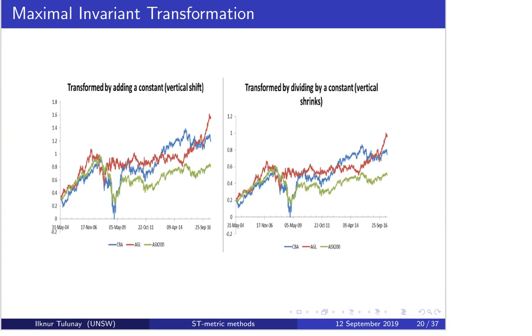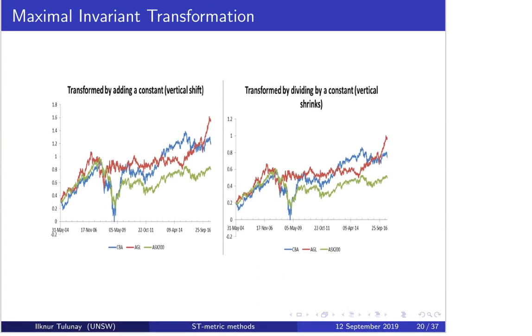Okay, what is this transformation? First, I can transform by adding a constant. So have your return data series, add the minimum to the data, then everything will shift up above 0, but we will still have some values above 1, so we need to squeeze.